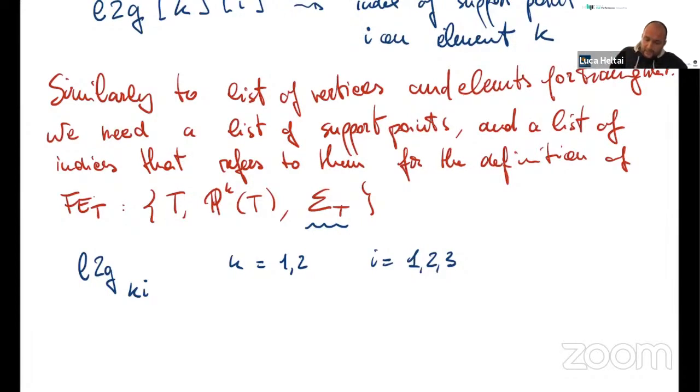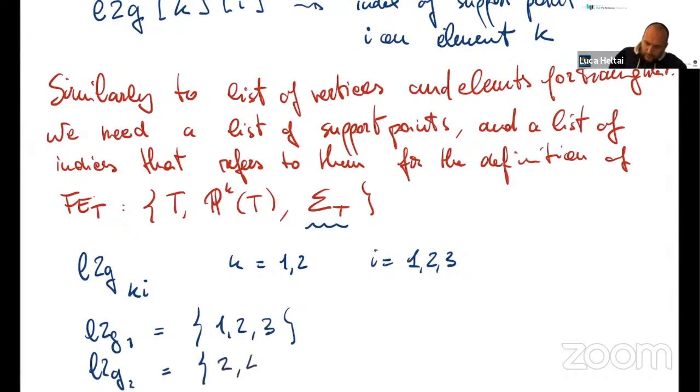This is especially true, for example, if you want to mix finite elements of different dimensions. Okay. So for the particular case, local to global 1 is a list of numbers 1, 2, and 3, while local to global 2 is a list of numbers 2, 4, and 5.